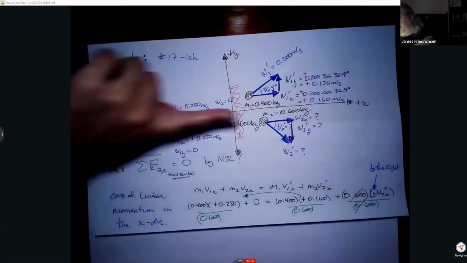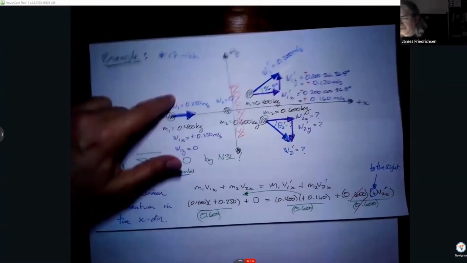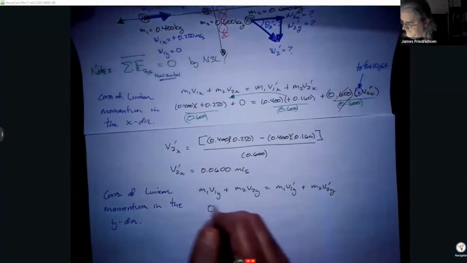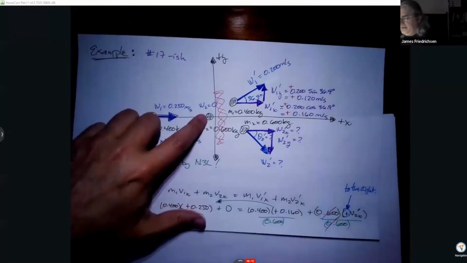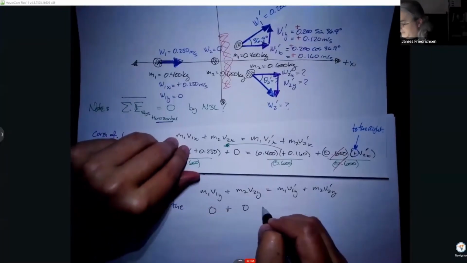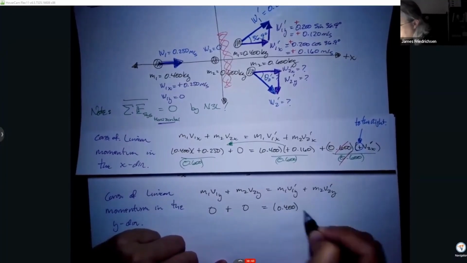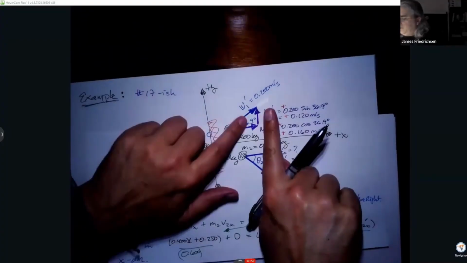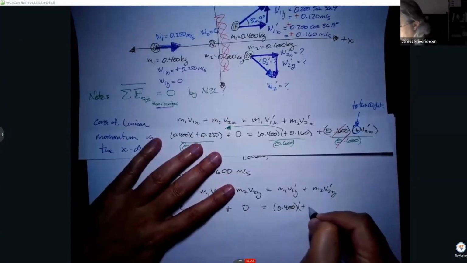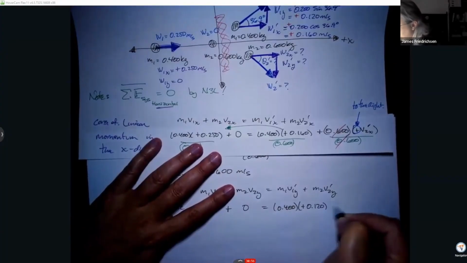And what you'll notice is that since this was moving purely along the x-axis, the initial y component for object 1 is 0. And since the second object was at rest, its y component is also 0. And so this is our 0.400 kilograms. And then the y component going up like this is going to be our positive 0.120.